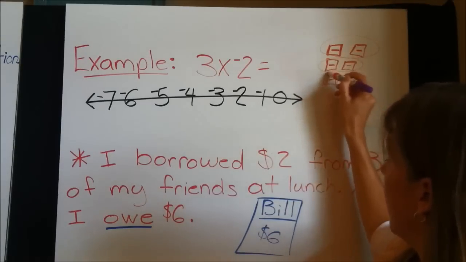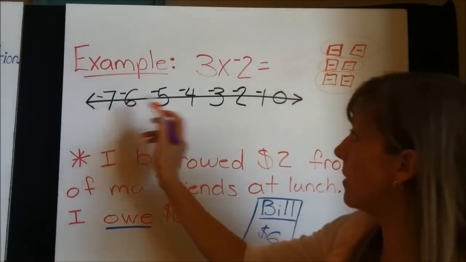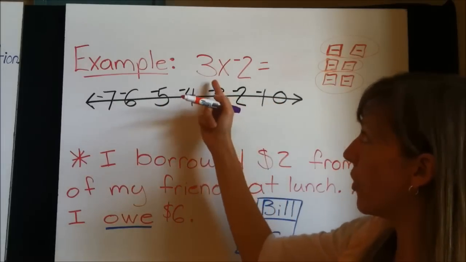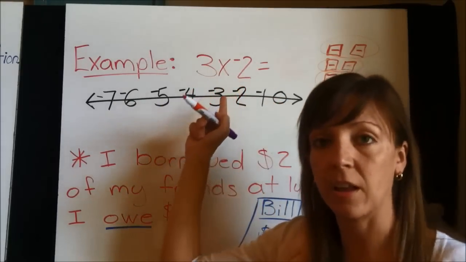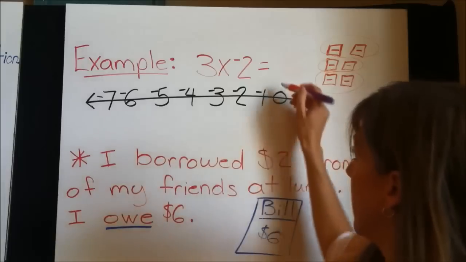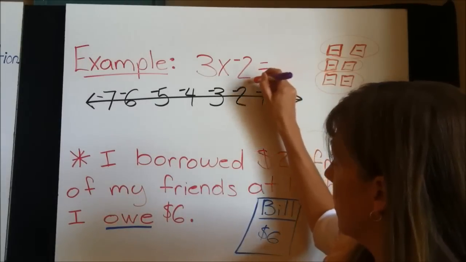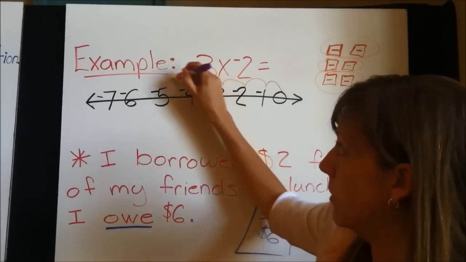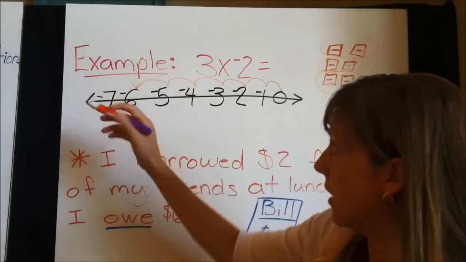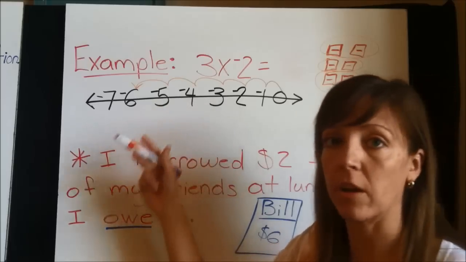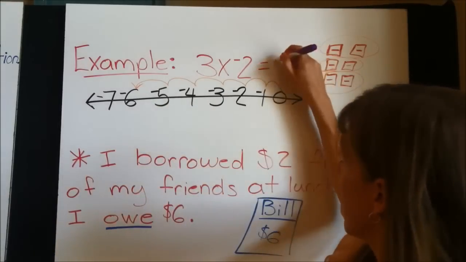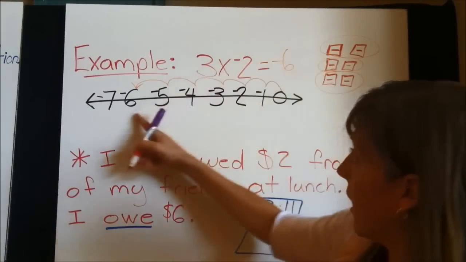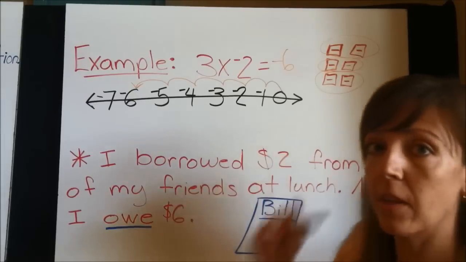That's 2, 4, 6, and I can jump it on the number line. 3 times I'm going to move in a negative direction 2 jumps. So 1, 2, that's 1 time. 1, 2, that's 2 times. 1, 2, that's 3 times that I jumped in a negative direction 2 jumps. Negative 6 is where I end it, and I have 6 negative integer chips.